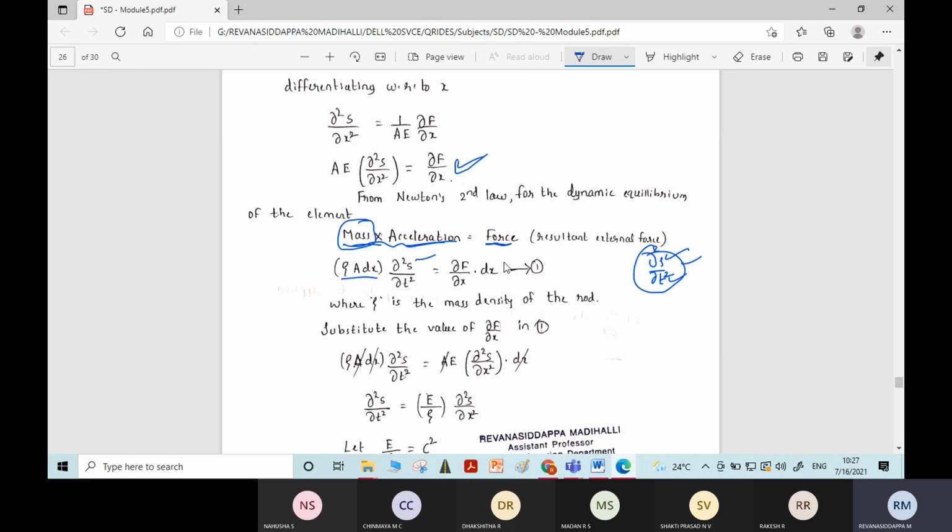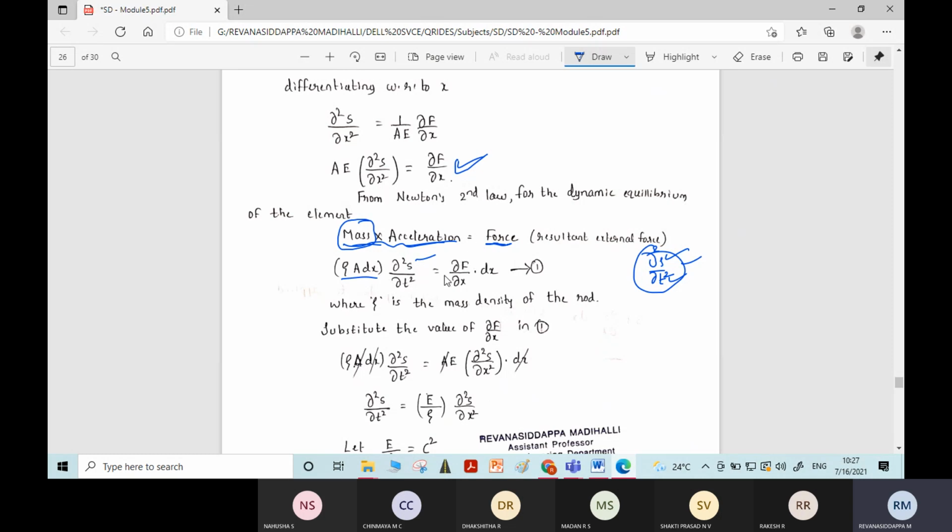Del square s by del t square is equal to the force. This is the force which is existing in the elemental strip.